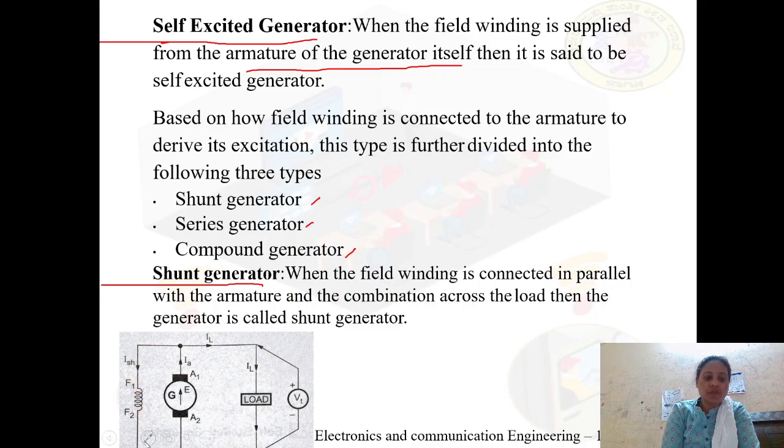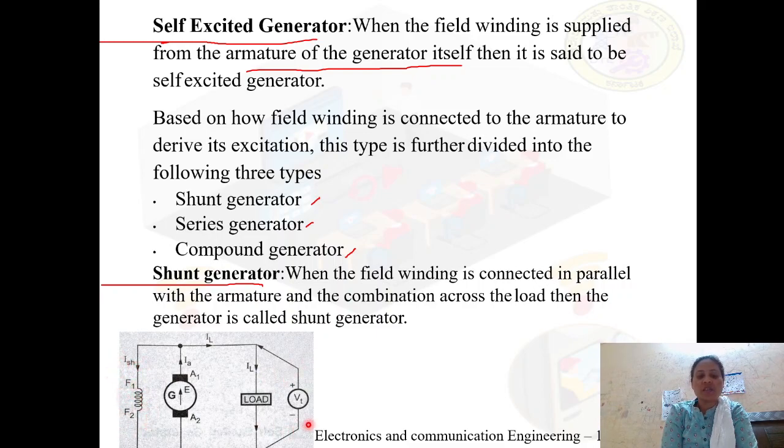So the voltage of the field winding, of the armature and of the load is the same, which can be taken as Vt, and hence we can find the value of field resistance here or the field current.